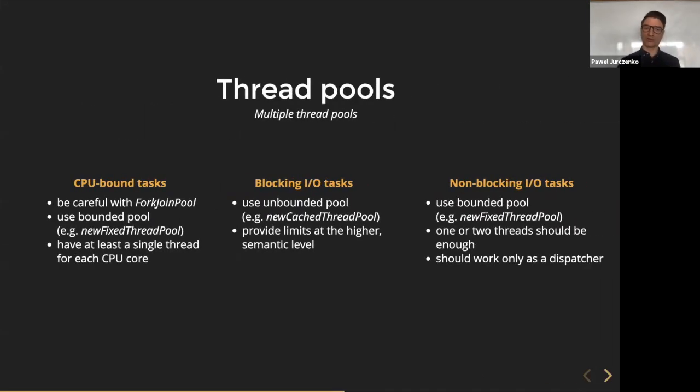When it comes to concrete types of thread pools and numbers of threads, in case of CPU-bound operations, you should be careful with using fork join pool, especially when you're having long-running CPU-bound operations in your application. And the reason is that in such case, the thread pool might think that instead of a long-running CPU operation, you're performing a blocking I/O operation.